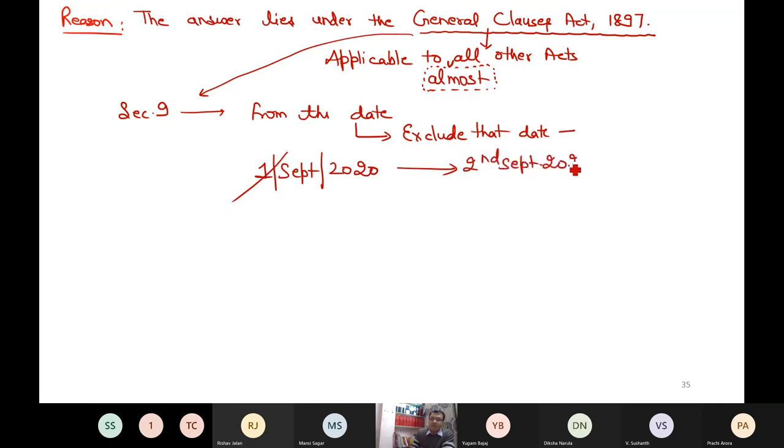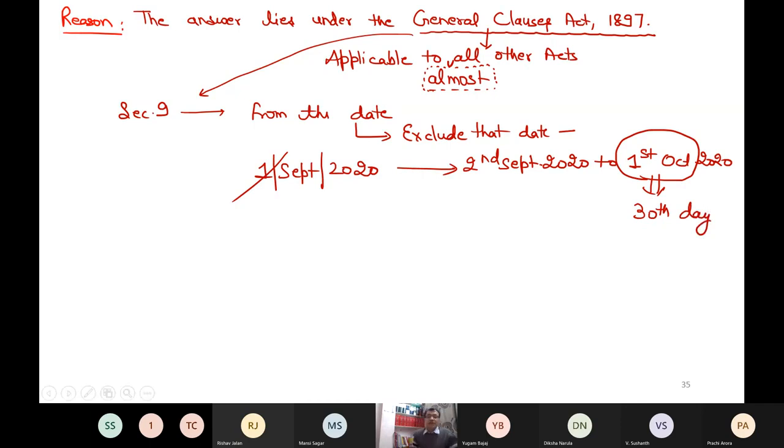And starting from 2nd September 2020, if you start counting, then till 1st October 2020, this 1st October will be the 30th day. This is my 30th day.